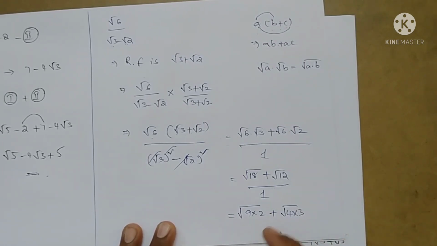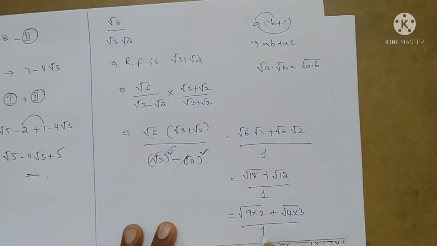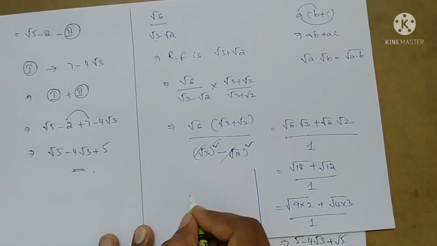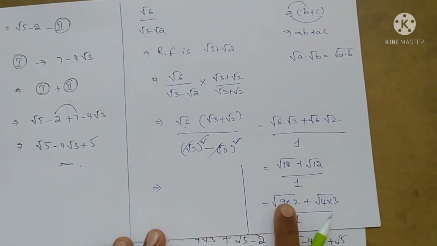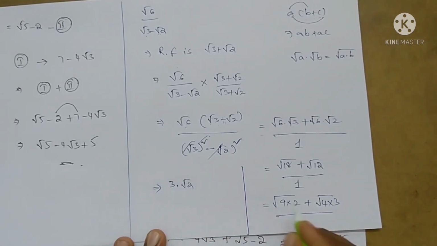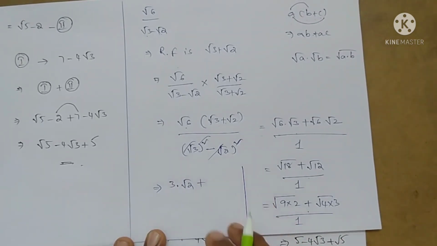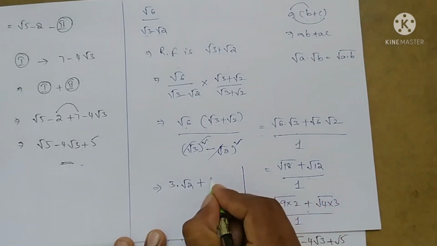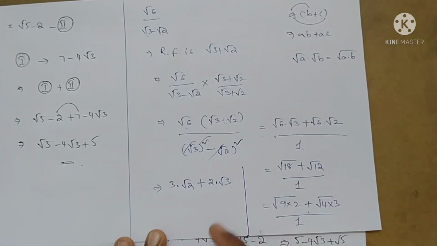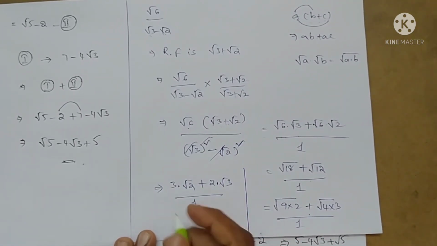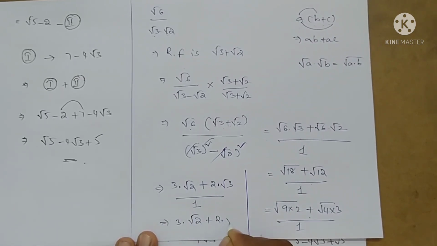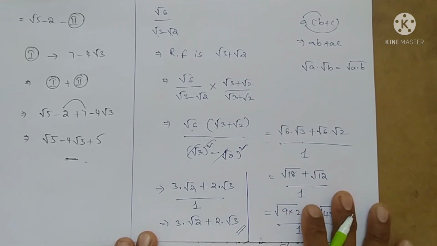So root 9 is equal to 3, so 3 into root 2 plus root 4 means 2 into under root 3, by 1. It is nothing but 3 into root 2 plus 2 into root 3. This is the final result.